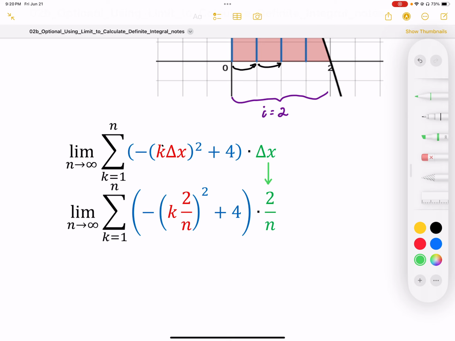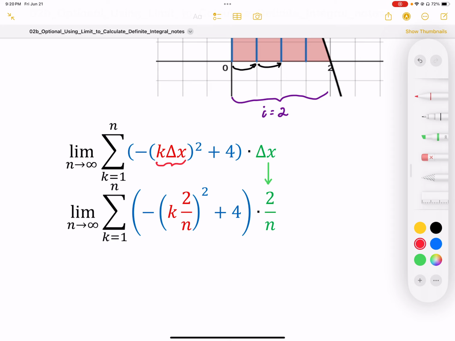My x value in this expression is going to be k times delta x. Well, delta x was 2 over n, so this k expression then represents the x variable to allow me to calculate the height of each of those individual rectangles.